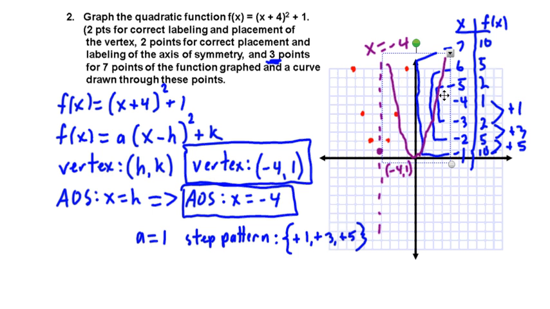We move that same parabola, with a vertical stretch factor of 1, 4 units to the left and 1 unit up. That's all we've done. We didn't vertically stretch or compress it at all because a is 1. An a greater than 1 would be a vertical stretch, and an a less than 1 would be a vertical compression.